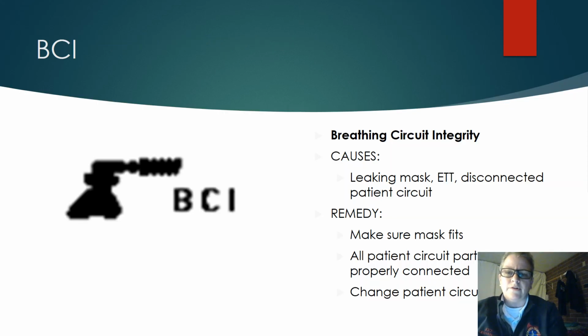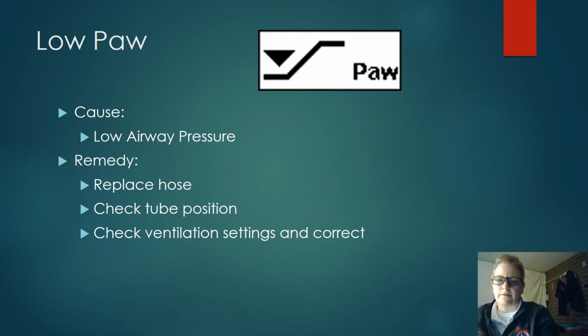This alarm is a breathing circuit integrity alarm. So what can cause a breathing circuit problem? A leaking mask, a leaking ET tube, a disconnected patient circuit, any of those things can. So just fix it. Make sure the mask fits. Secure all the patient circuit pieces. And if that doesn't work, change the patient circuit.